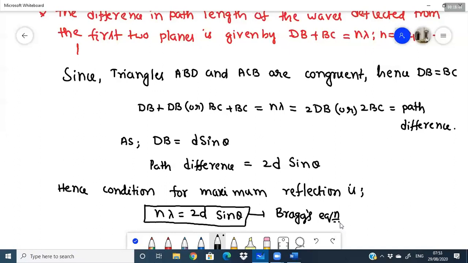The interspacing distance can be calculated by using a Debye-Scherrer method.